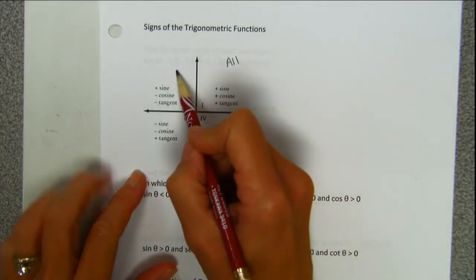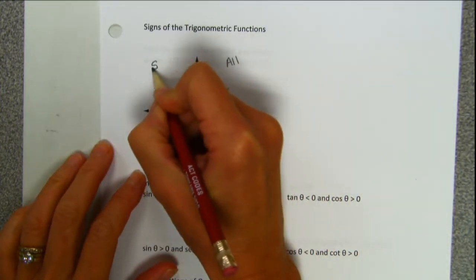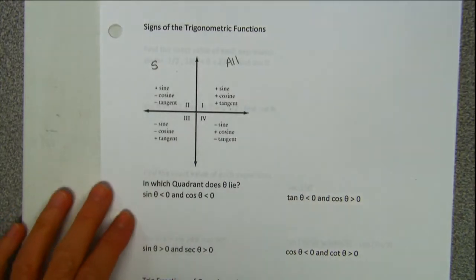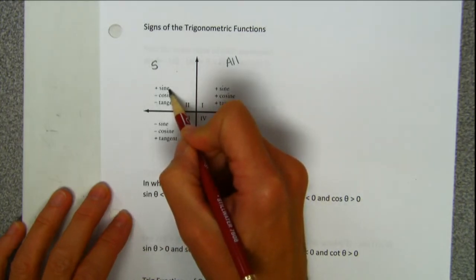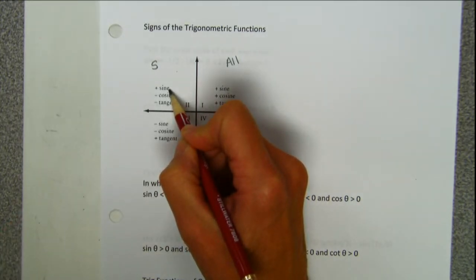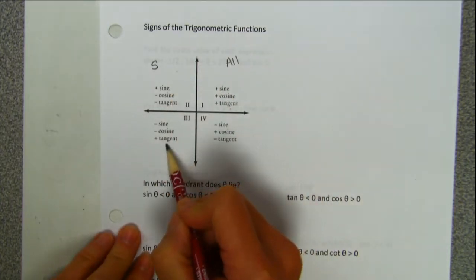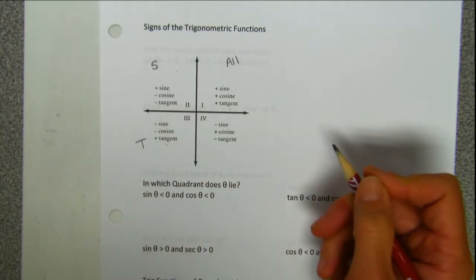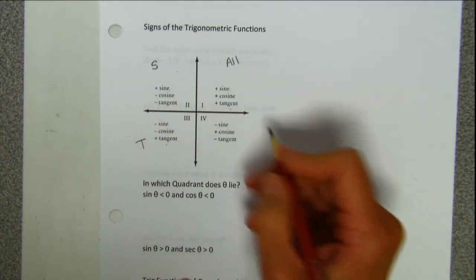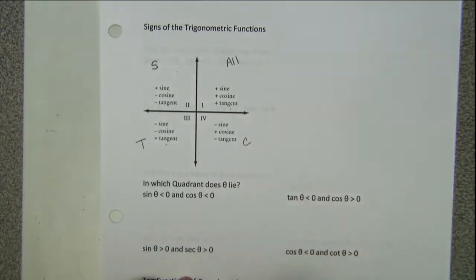If you move to quadrant 2, just your sines are positive. Everything else is negative. We have to keep in mind the flip of sine is cosecant, so cosecant would be positive also. Down in quadrant 3, just your tangent is positive. And in quadrant 4, just your cosines are positive.